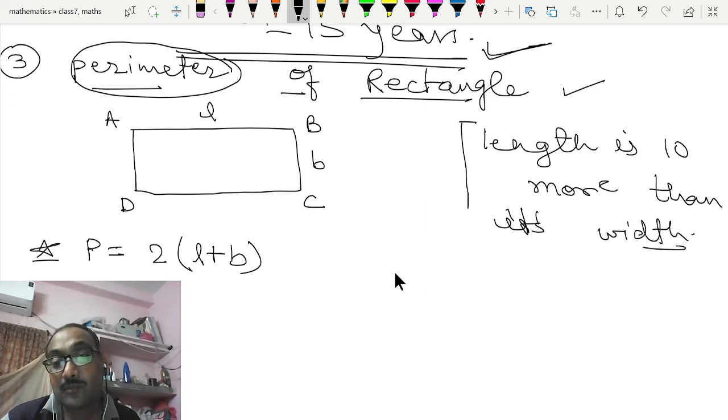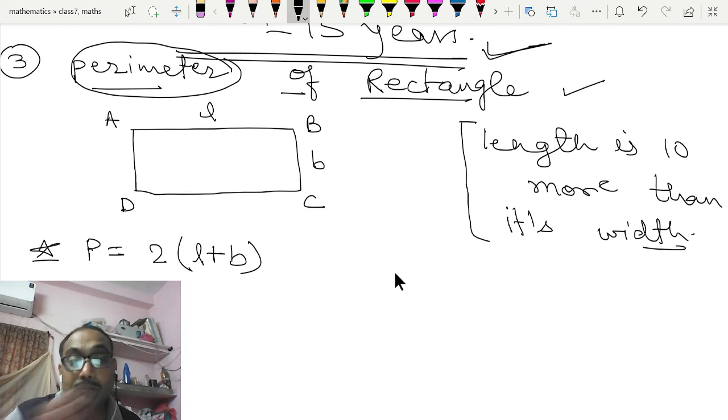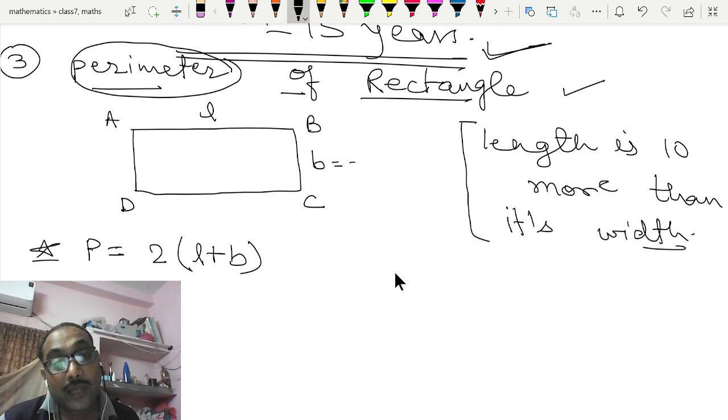Length is 10 more than its width. Then you will have to consider width is equal to x unit or x meter or x centimeter. And as you know that the length is 10 meter more than, so length will be x plus 10 meter.